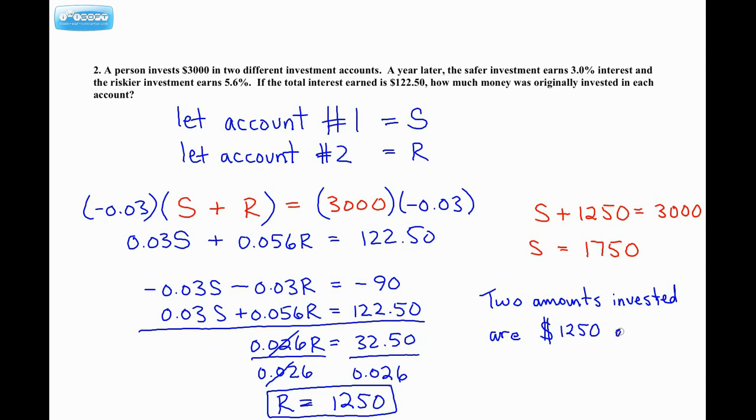So that went in the safer account, and that earned 3%. And $1,750. That went into the riskier one. All right, we are done.